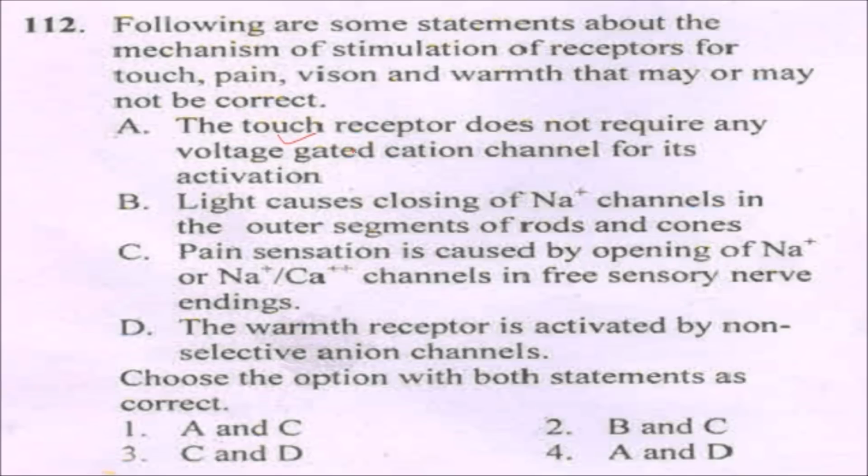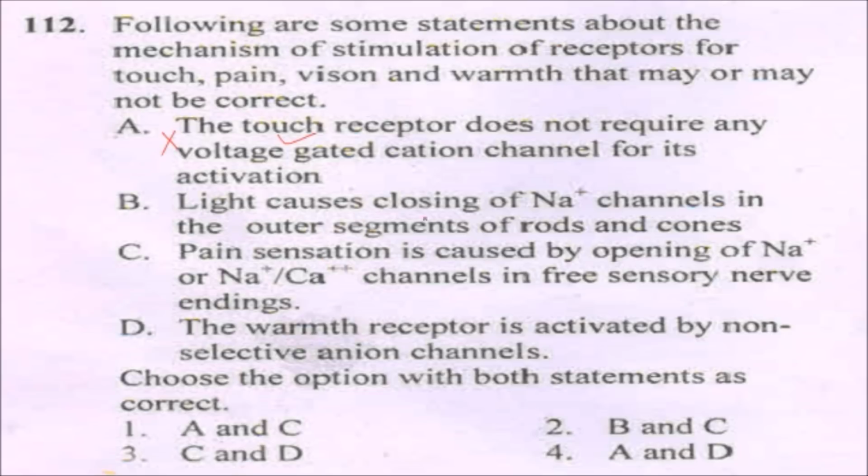You have seen that the touch receptors control the osmosis with the help of sodium channels. So the touch receptor actually requires voltage gated cation channels for its activation. So the first statement, the touch receptor does not require any voltage gated channel, is the wrong statement.